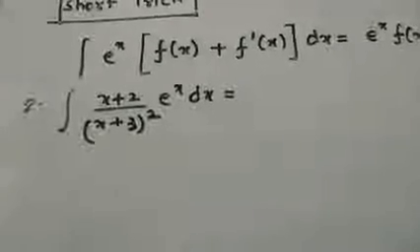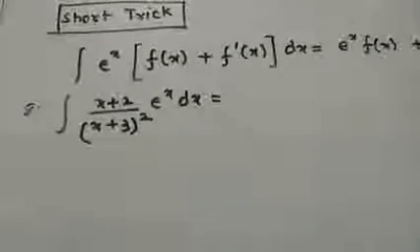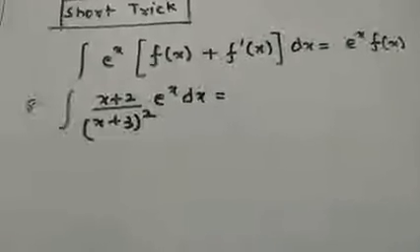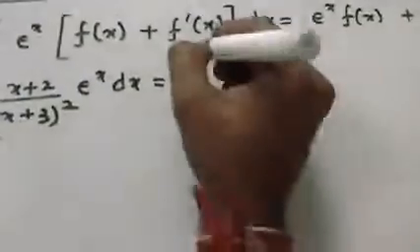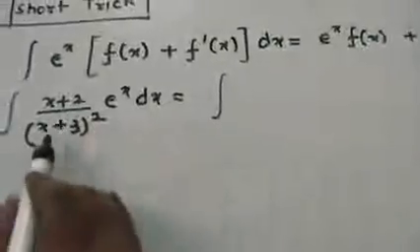Now question number 8: integration of (x+2) divided by (x+3) whole square, e to the power x dx. Again we have to represent x plus 2 in the form of x plus 3.